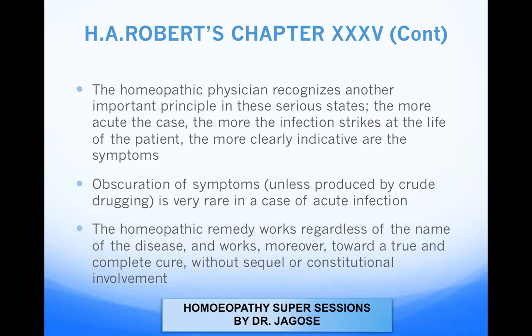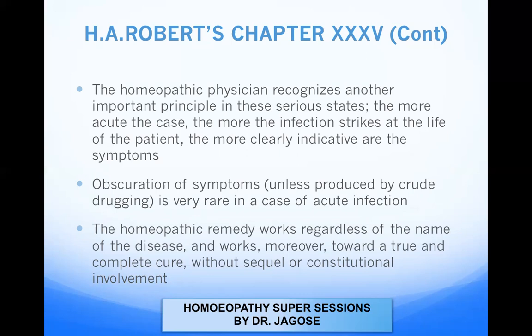So the infection will be there, symptoms will be precarious in nature, and more clearly indicative are the symptoms. Obscuration of symptoms, unless produced by crude drugging, is very rare in case of acute infection. So if you use the drug on homeopathic principles, the symptoms will not be obscured until you use a crude drug, which is very rare in case of an acute infection.